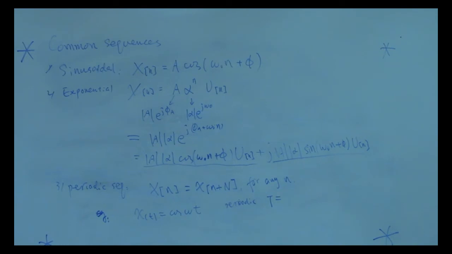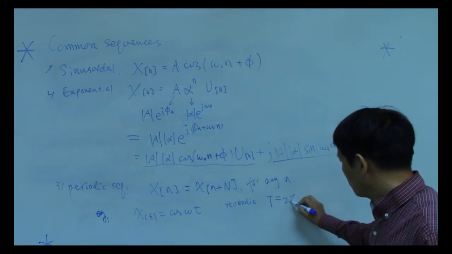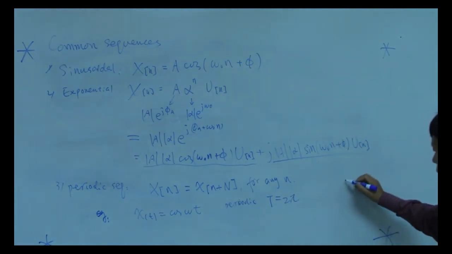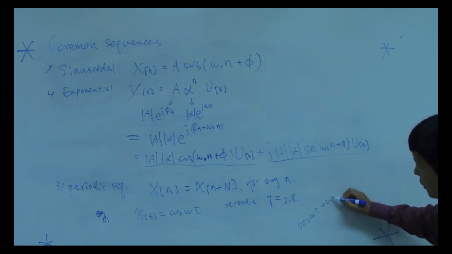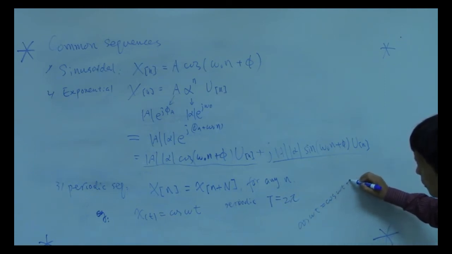And what is capital T? What is the period? Is the period equal to 2 pi? Yes, okay, that equals 2 pi. The reason is that cosine omega t equals cosine of omega t plus 2 pi.